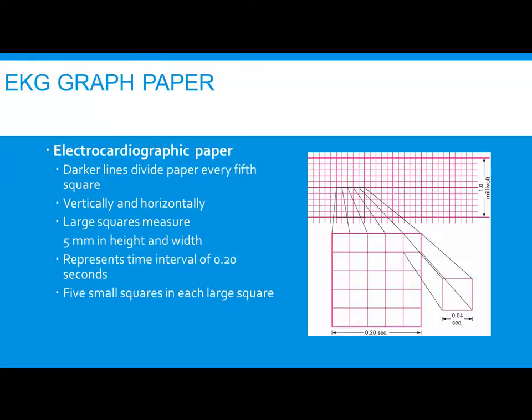Okay? Light line to light line is 0.04 seconds. Alright? So a small box, when represented by time, is how long? Everybody, a small box is what? 0.04. A larger box with 5 small boxes in it is going to be 0.20 seconds.